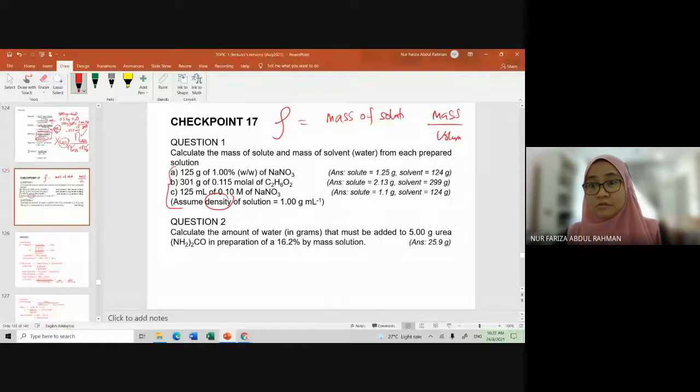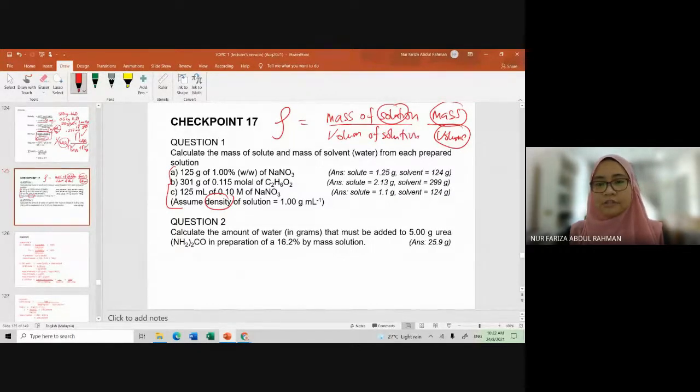The problem is the mass can be the mass of solute, the mass of solvent, or the solution itself, so you do not specify which mass and which volume you are referring to. You don't know which entity you are referring to. That's the problem. So the density here is representing the mass of solution divided by the volume of solution.